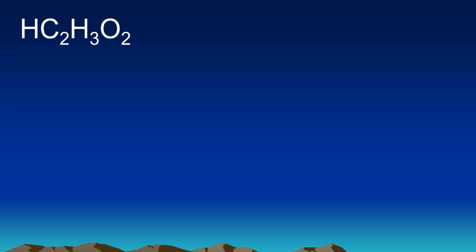So here's the first acid we're going to name, HC2H3O2. Once again, we have to split this in half, and we name the anion part of that. So if you look at your ion chart, or if you've learned this already, you know that C2H3O2 with a negative charge is called acetate.